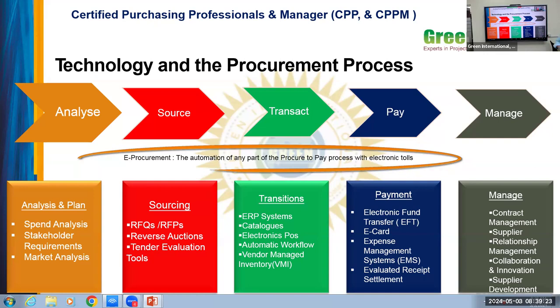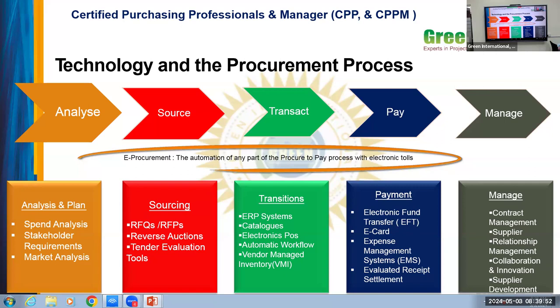Tender evaluation tools. So these are all the steps in sourcing. It can be done in a simple way. If it's a simple requirement or something very repetitive, it can go through a simple RFQ or RFP, and it can go to the complex process of tendering, wherein there is a big project to be undertaken, and hence it goes through a tendering process.